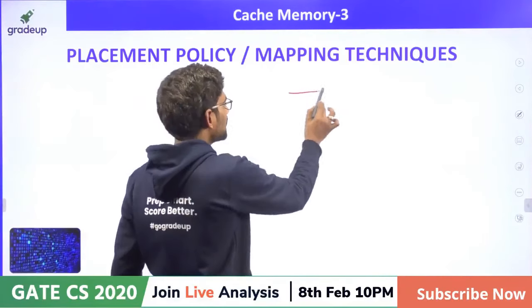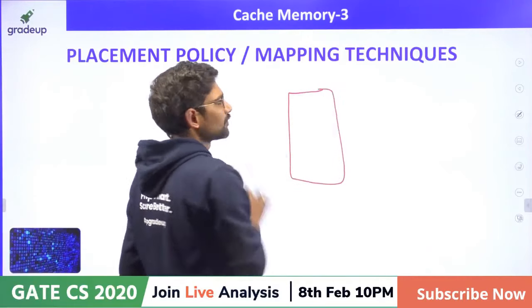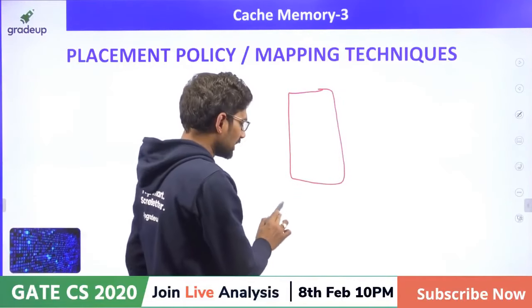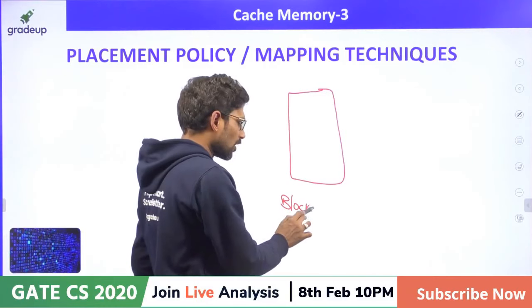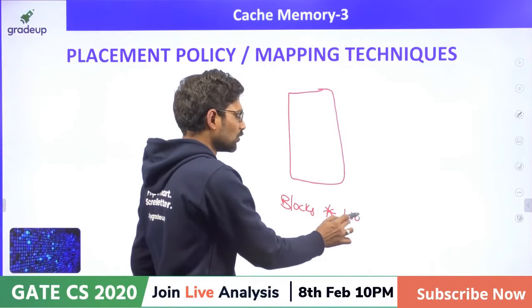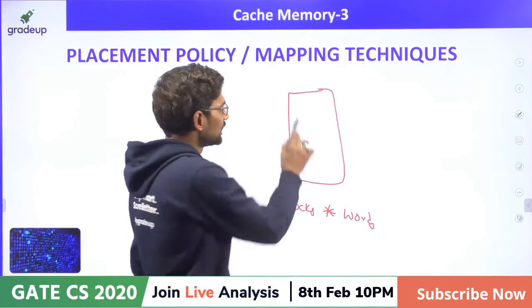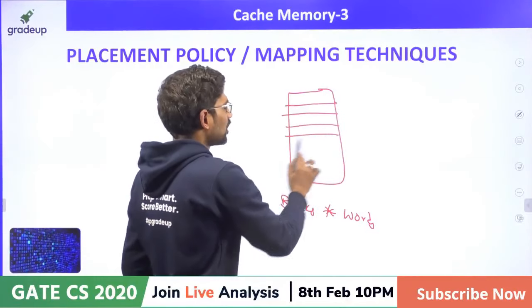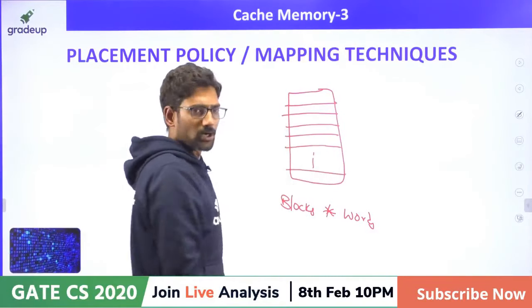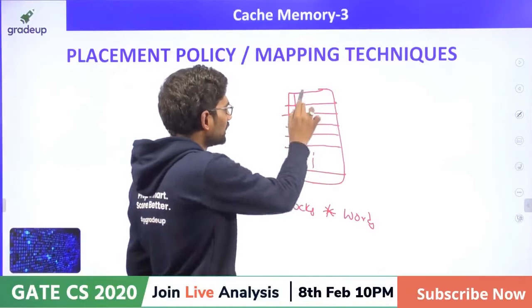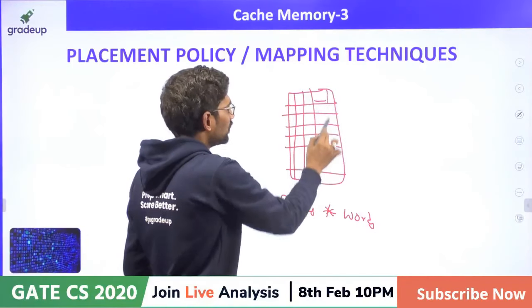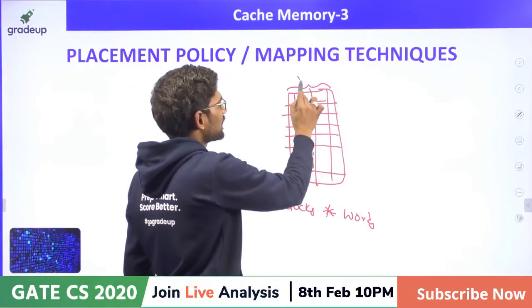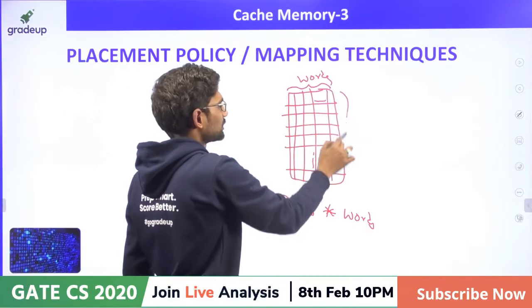Suppose this is the cache memory. We know cache memory is divided into blocks. Blocks are further divided into words. So let's say all these horizontal lines are blocks and all these vertical lines are words. So each block has multiple words.